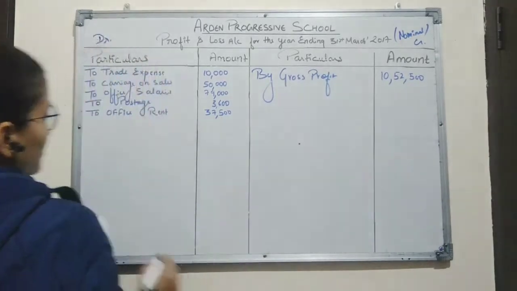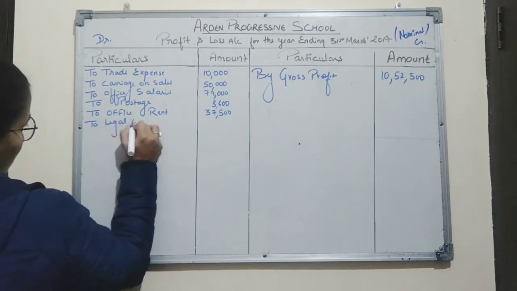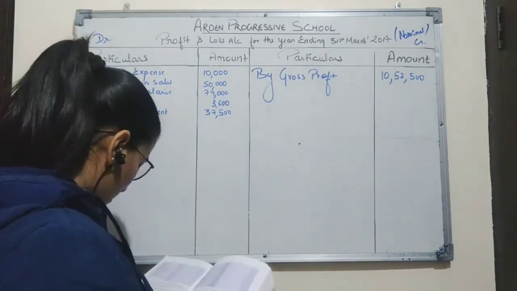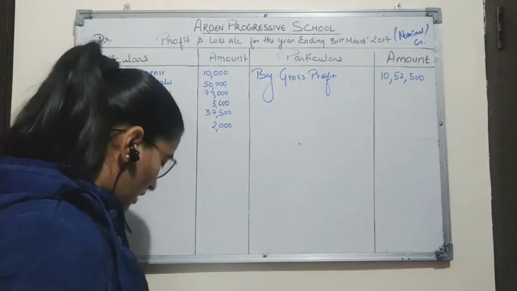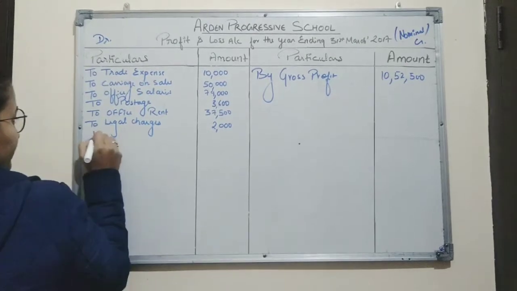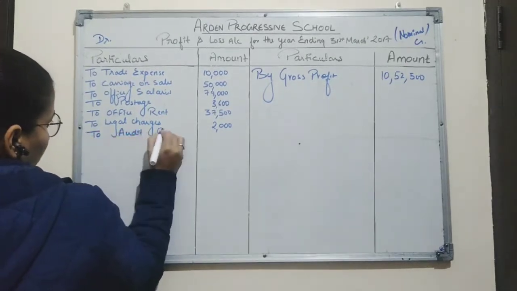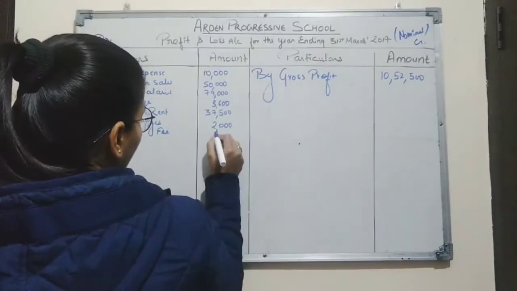Next is legal charges. Legal charges is also an expense. To legal charges, amount is 2,000. Then audit fee. To audit fees 8,000.